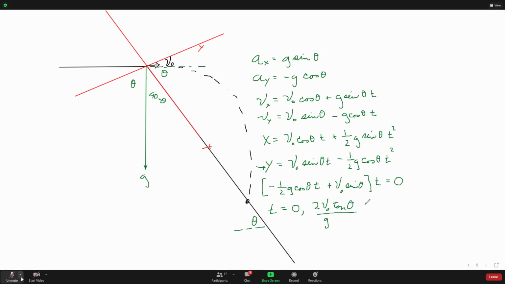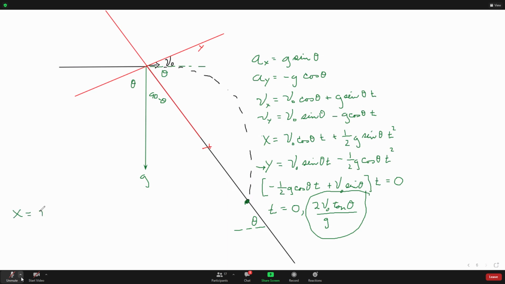Now, the x value at this point is simply this equation evaluated at this time. So we can write that out.